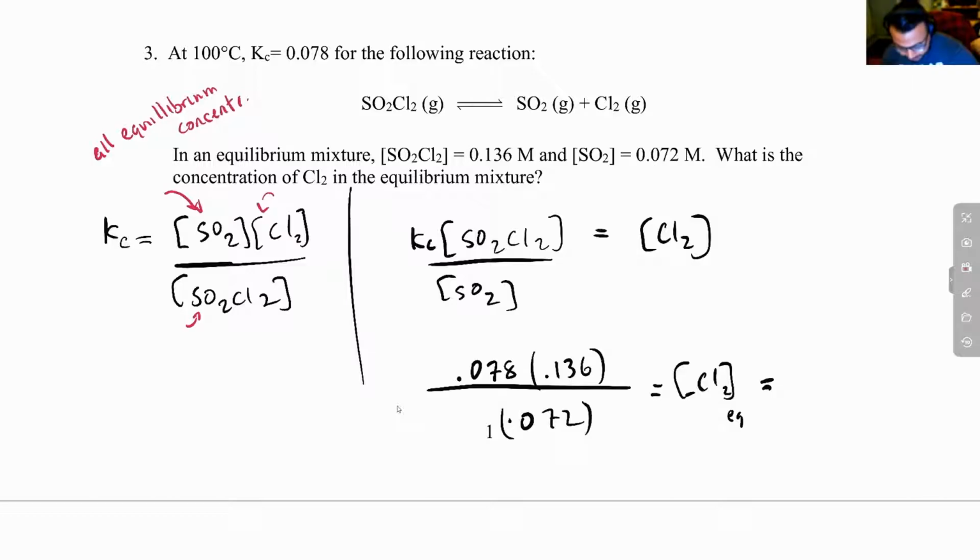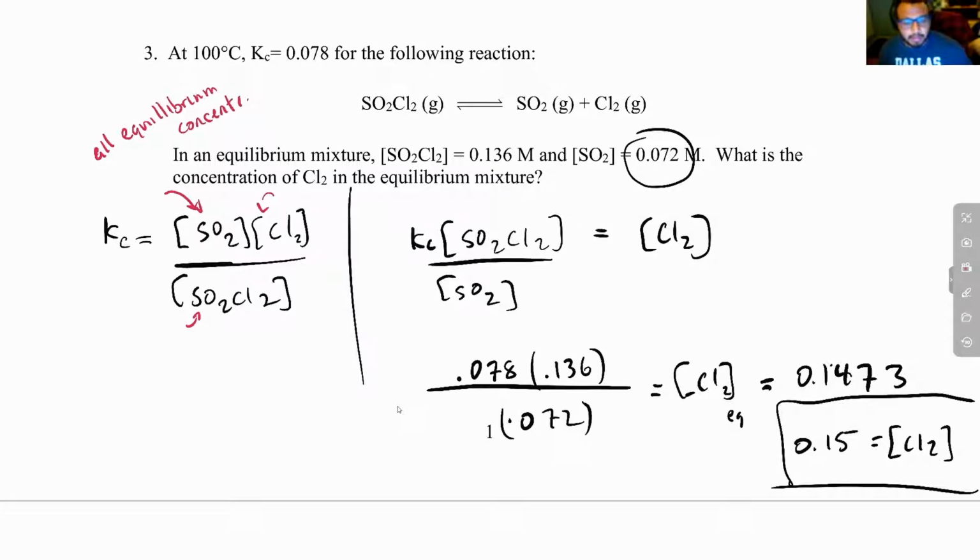And if we do that, we get 0.147, repeating. If we accommodate for two significant figures imposed by this right here, well then our answer would be 0.15, which is equal to our equilibrium concentration of Cl2.